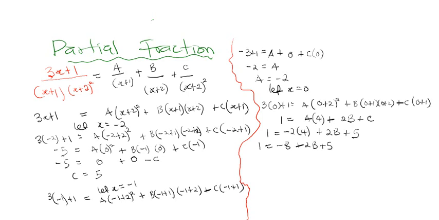Moving all constants to the other side, we have 1 plus 8 minus 5 is equal to 2b. So 1 plus 8 is 9, 9 minus 5 is 4, is equal to 2b. When you divide both sides by 2, 2b over 2 is equal to 4 over 2. They cancel each other, and now our b is equal to 2.